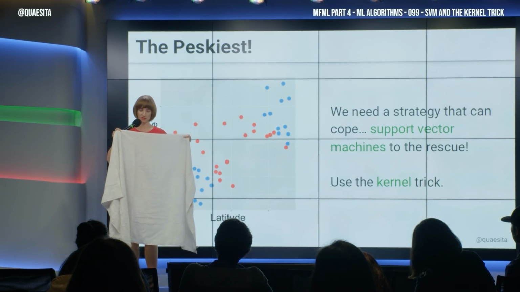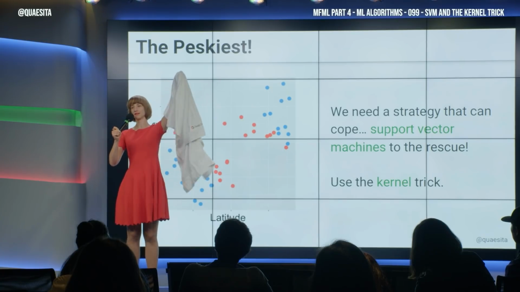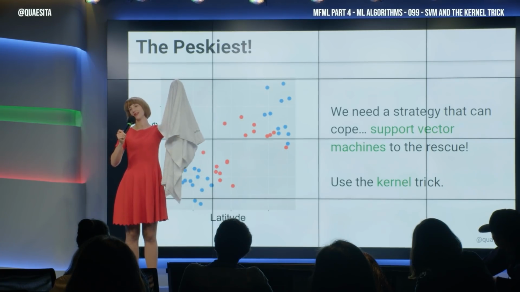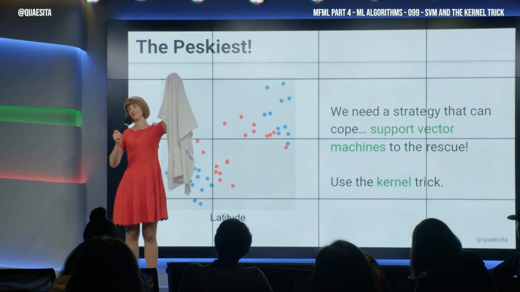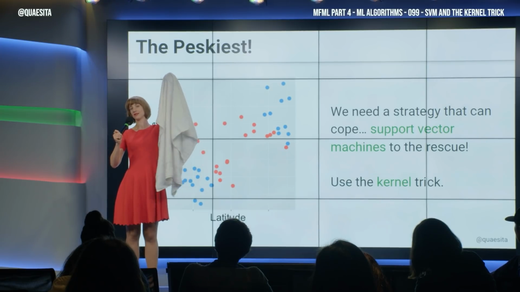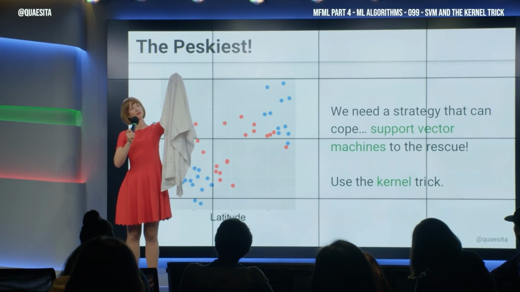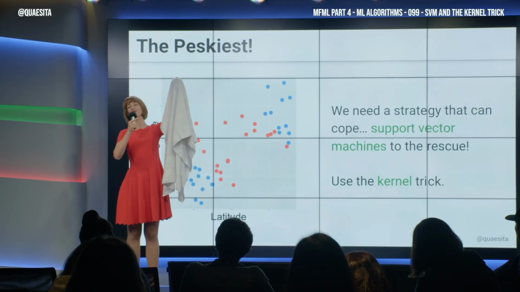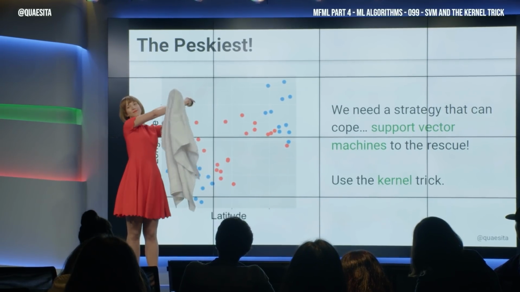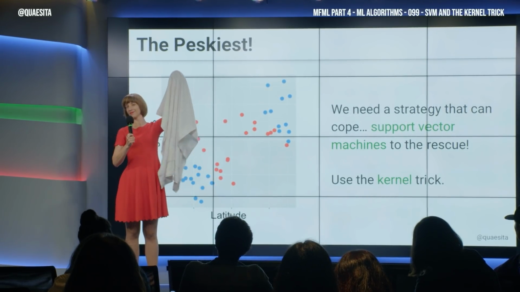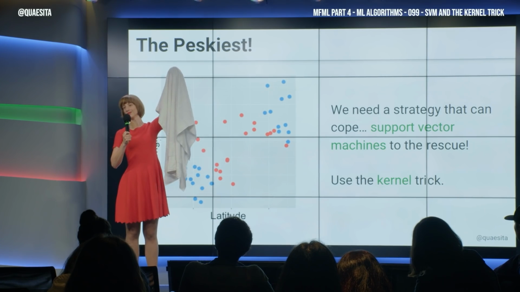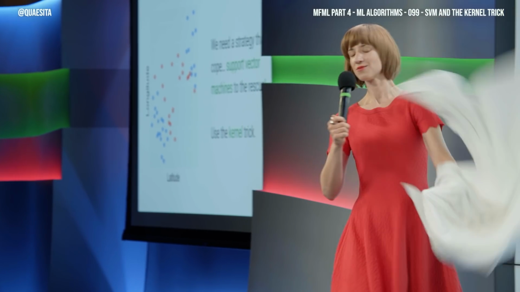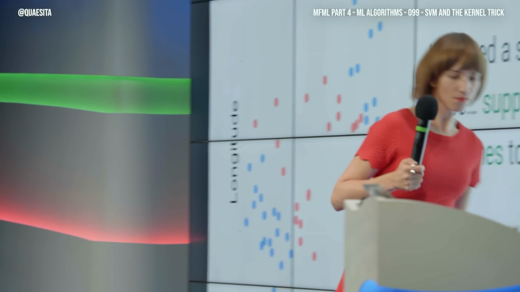And what you do is you punch the space, adding an extra dimension, and converting your other axes. And now I can use a plane to decapitate this thing, because the red is now above the blue. So that is what the kernel trick is.